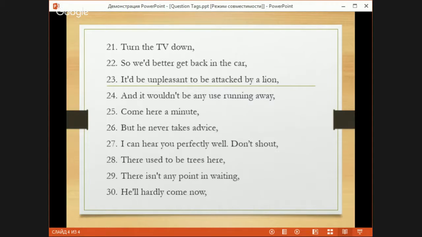So let's check our answers. Turn the TV down. Will you? Always in imperative forms, we use will.